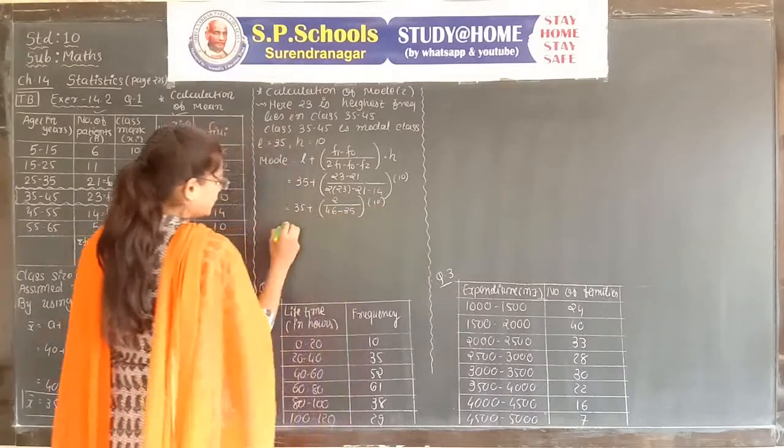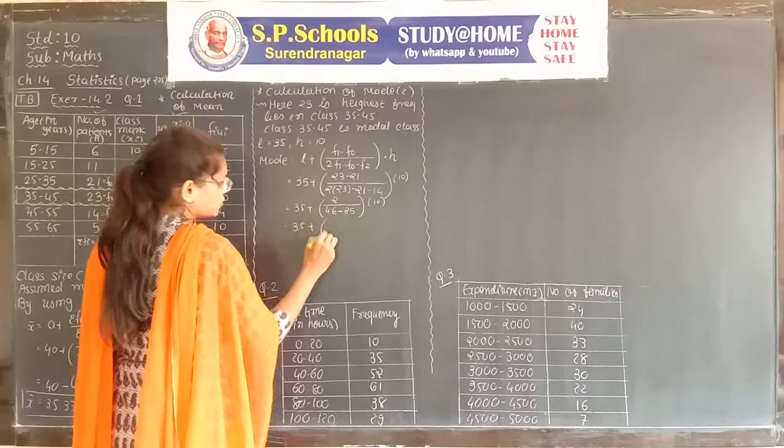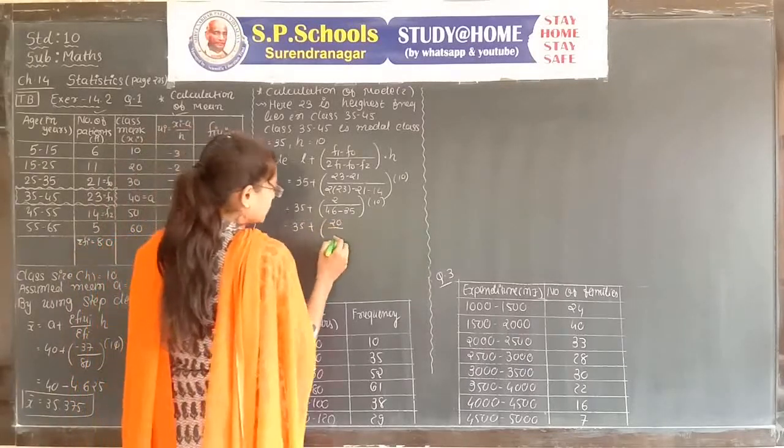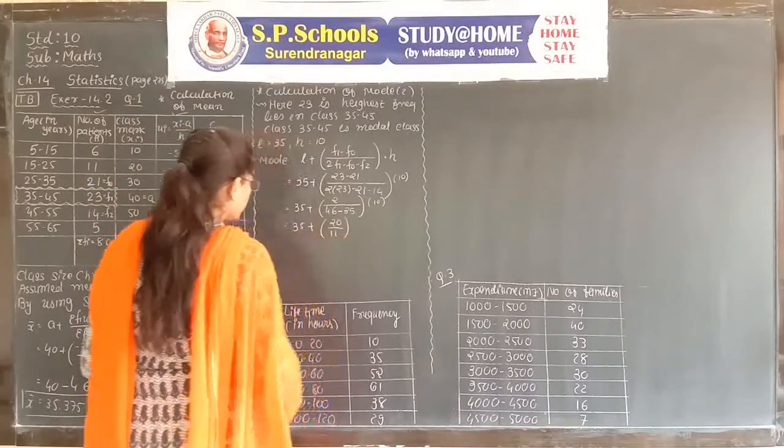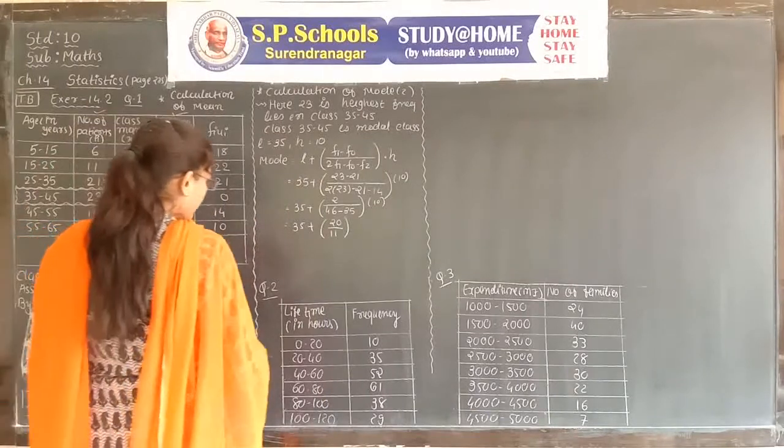Multiply it with 10. 35 plus 20 upon 46 minus 35, which is 11. Now we divide 20 by 11.